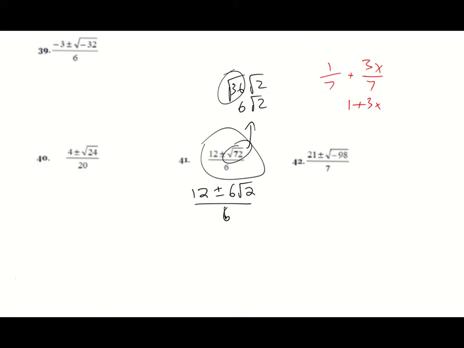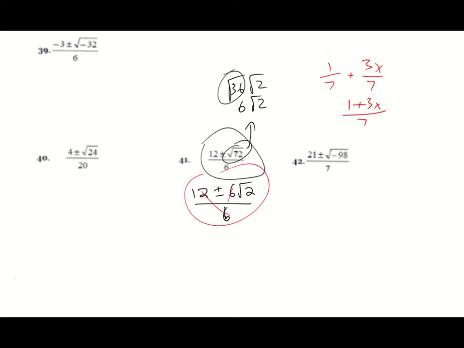Can't really add those because they're not like terms, but we can put them as a fraction with just one denominator. It's the same thing with this guy. Right now, it's just a plus or a minus in between, so it's the same operation technically. And if we say that they have the same denominator, we could reduce these guys and that guy.